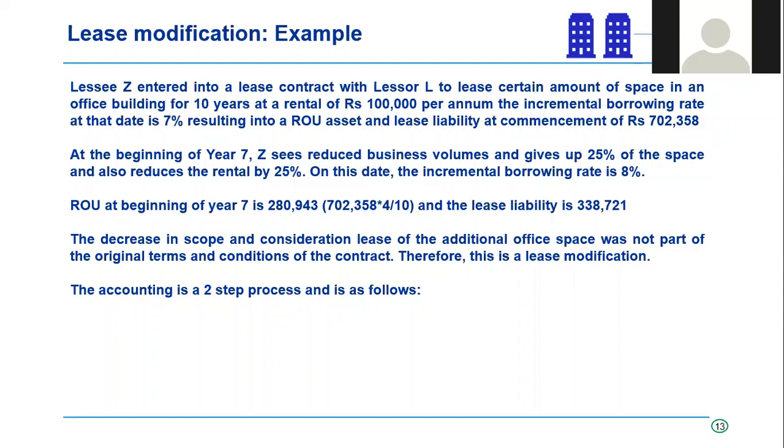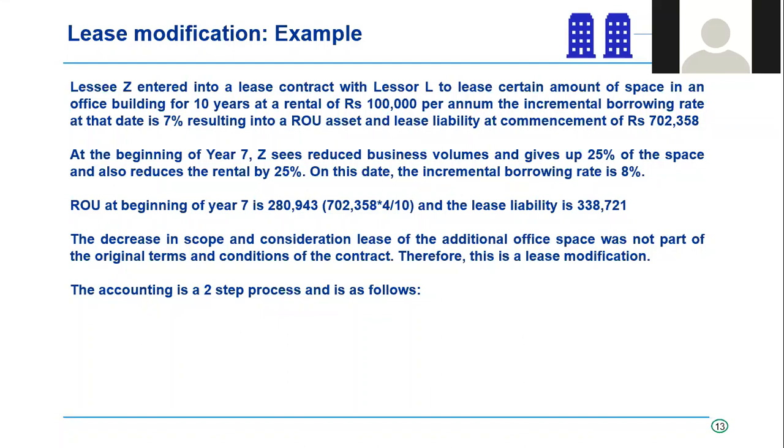Friends, this example covers 2 scenarios. It covers the scenario of derecognition or a reduction in the scope, and it also covers a scenario of a reduction in the consideration after a part of the asset is given up. The standard states don't treat them as a separate lease because the scope is reducing.